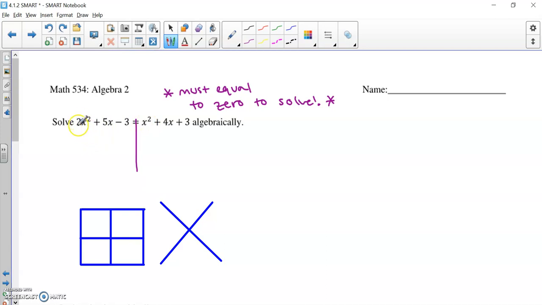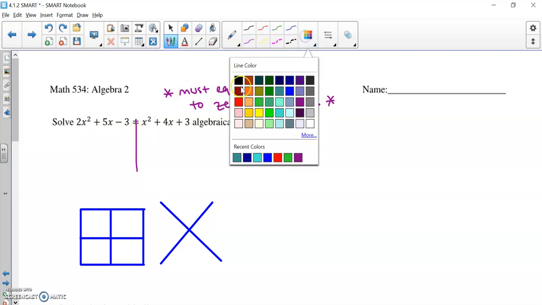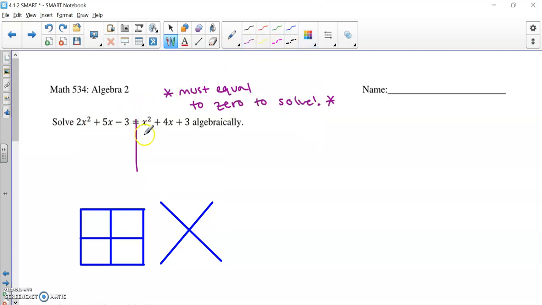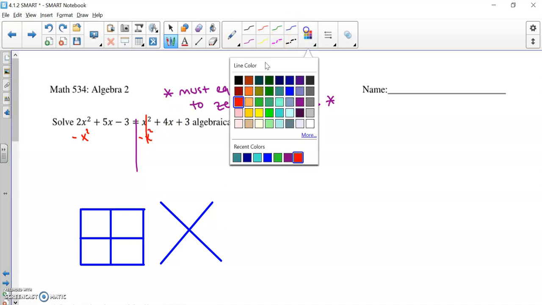Just because if I subtracted 2x squared from both sides, I would end up with a negative, and I really don't prefer my x squared terms to be negative. So instead, let's go ahead and subtract all these things on the right side to the left. If they were negative, we would add. You just got to do the opposite. So this will cancel the x squareds.